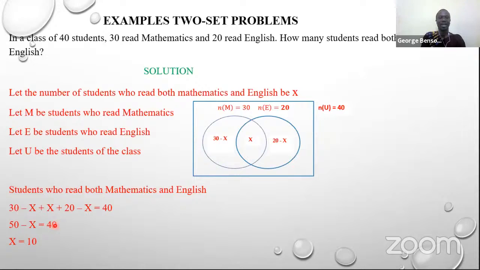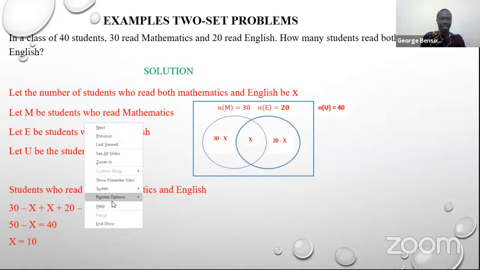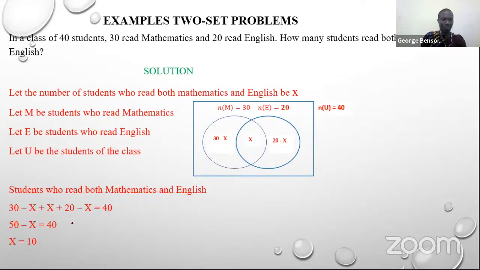So this side will be 50 minus 40, which brings us to 10. Then this side will be 40 minus 40, so that will go to 0. Let me see whether I could get a pen to illustrate this. So what I'm trying to say is that this will be equal to 50 minus 40, is that okay?